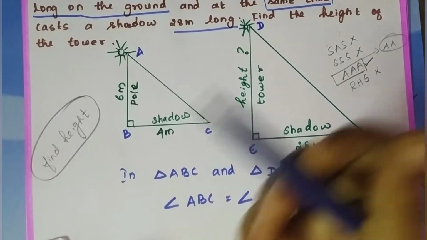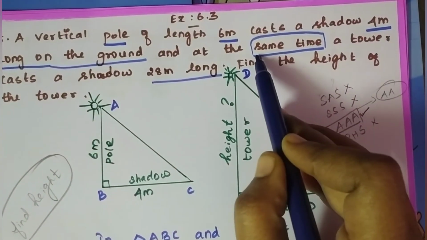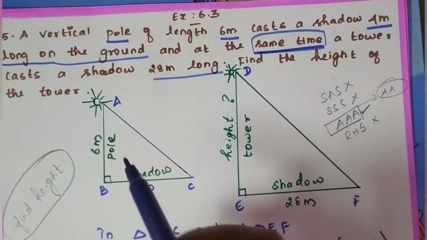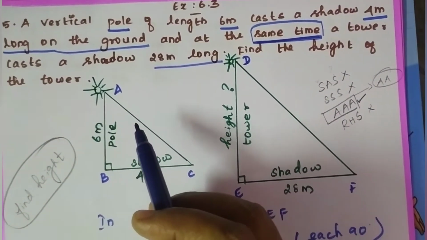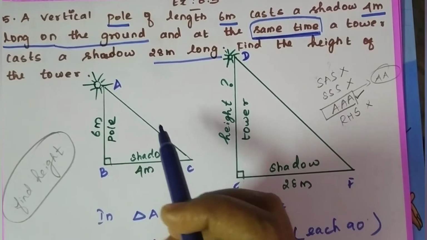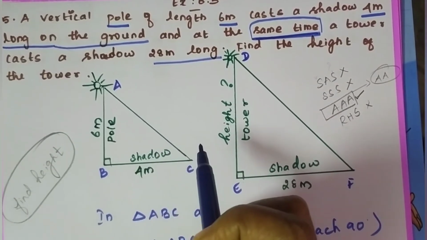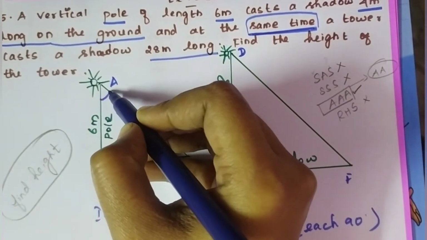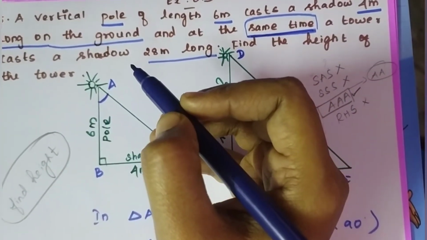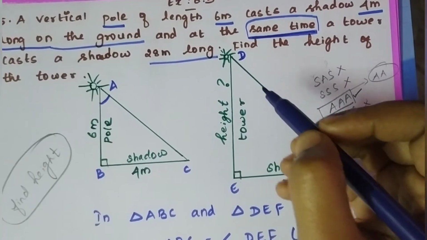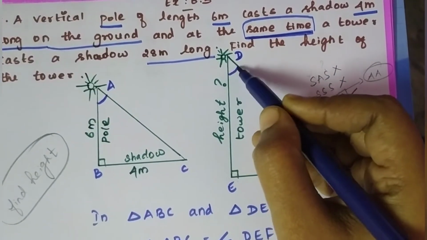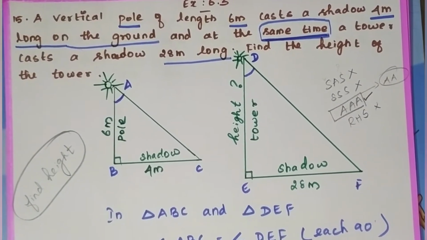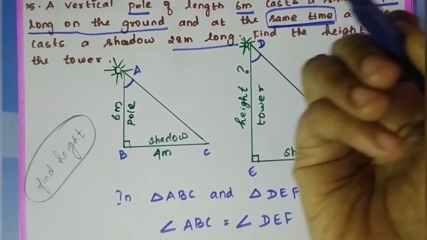But I said, this is the same time. At the same time means the sun will be at the same angle. At the same time, the sun's shadow will be the same. It makes equal angles. Clear?